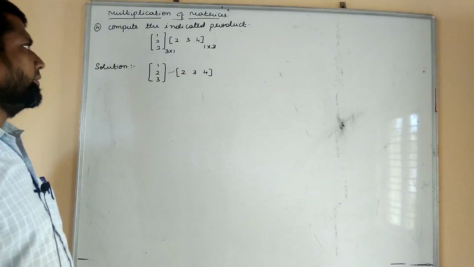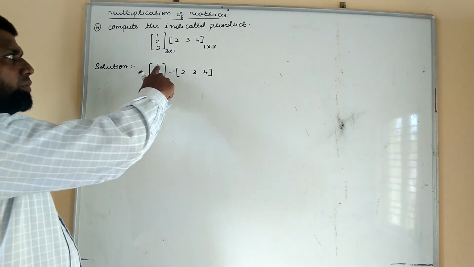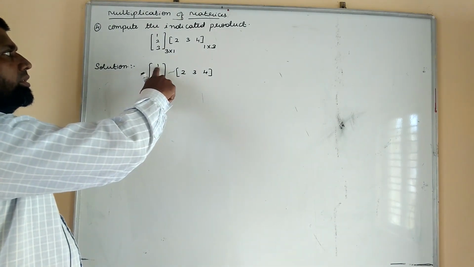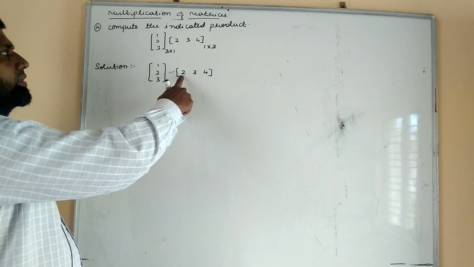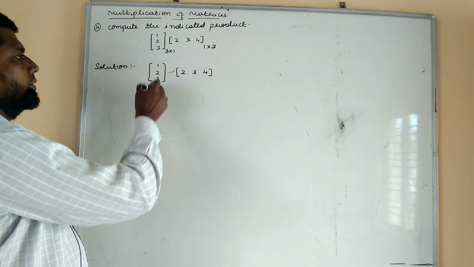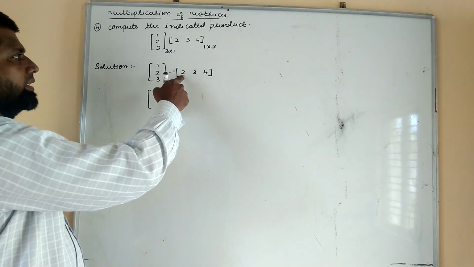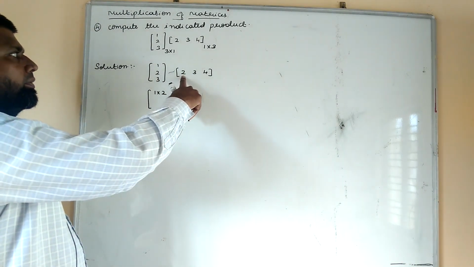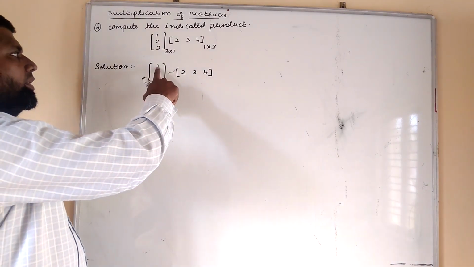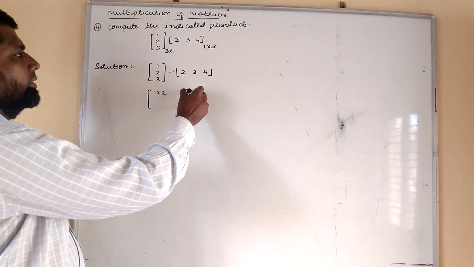So we have to multiply, you know the method of multiplication of the two matrices. First row should be multiplied with first column. So let us multiply 1 into 2. Then first row is multiplied with second column, 1 into 3.